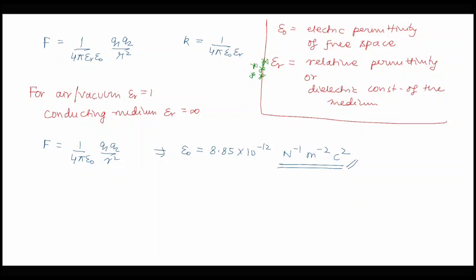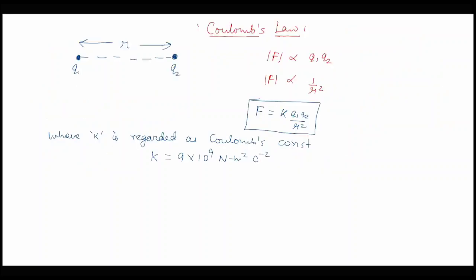If we come back to the previous page, we see that the two charges are separated by a distance r in air or vacuum. We generally take the example of air. If the same charge setup is in air, epsilon r is equal to 1. If we take the same charge setup and dip the entire system in water, the value of dielectric constant or relative permittivity is 80 for water.